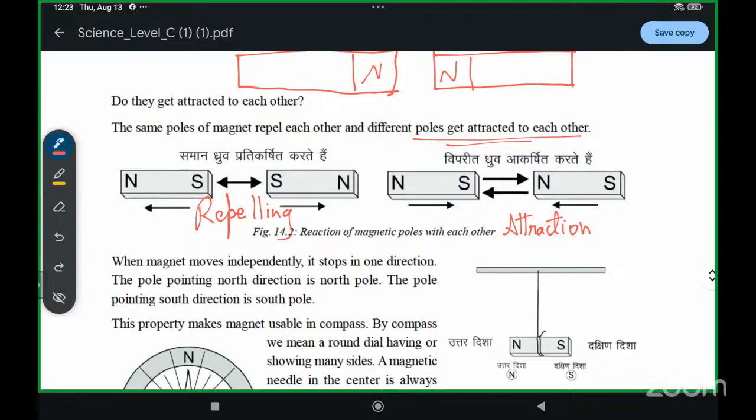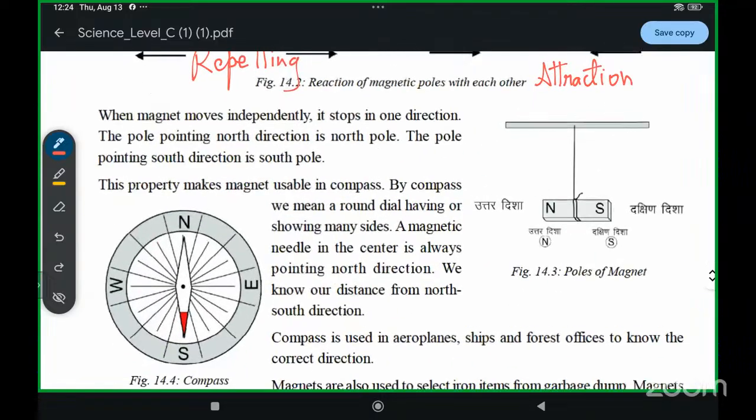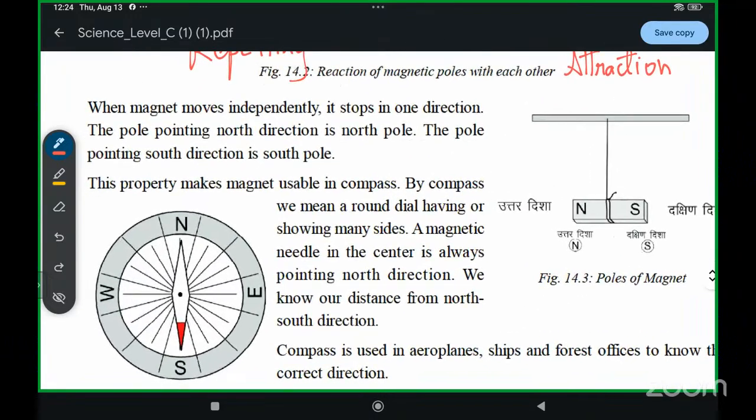Now we will talk about a compass. When we allow a magnet to move independently, on its own, when we allow it to move freely, it stops in one direction.